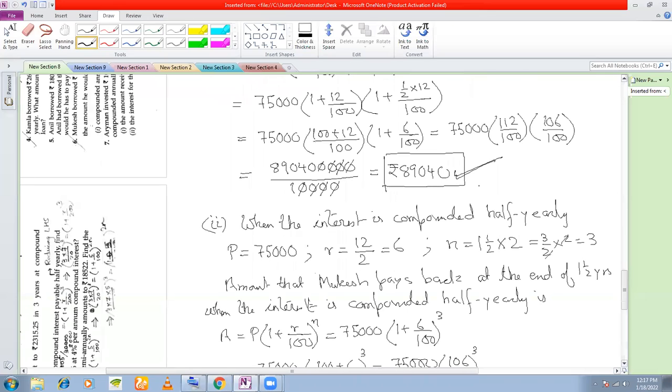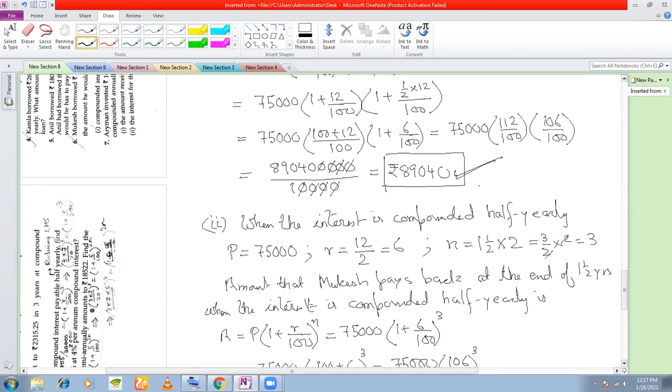So remember, in case of compound interest, whenever you are getting interest that is compounded half yearly or quarterly, or semi-annually or bi-monthly, that is always better than getting compound interest annually. And when you are paying back interest, always try to pay back interest annually. Always opt for an option where you have to pay back the interest compounded annually, because if they are compounding the interest half yearly or quarterly, you will be paying more as interest.